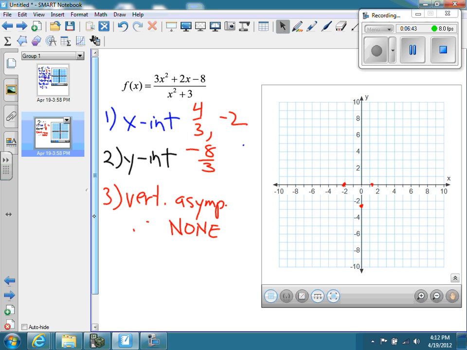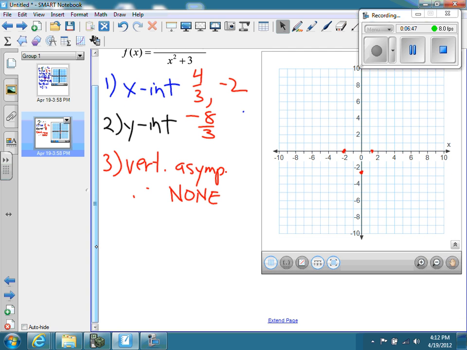Three kinds of issues with horizontal asymptote. There are rational fractions that are proper, and that is where the power of x that is light is on top of that is heavy.